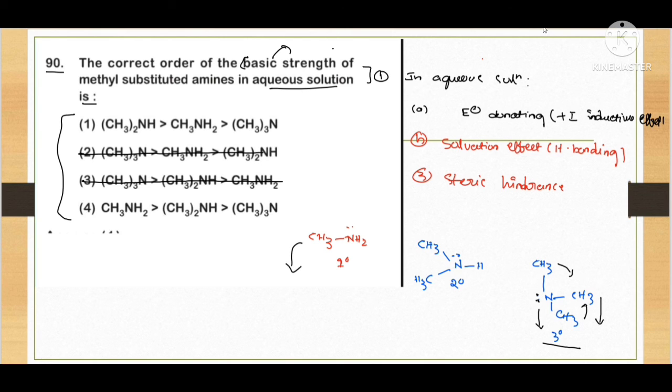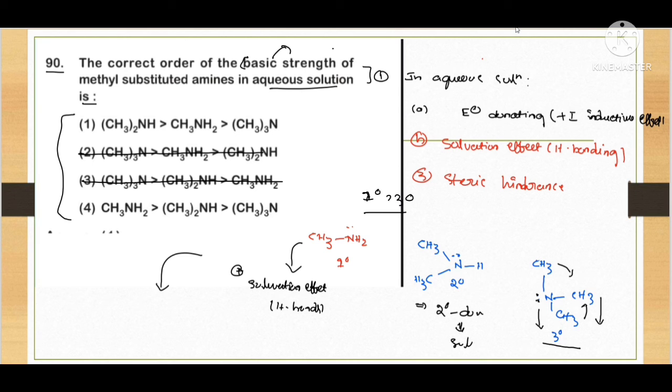Due to the presence of steric hindrance, the tertiary amine's donating of lone pair of electrons decreases. But in primary amines, after donating its lone pair to others, the positive charge is neutralized by the solvation effect, that is hydrogen bonding. So the donating ability of primary is greater than tertiary. When you compare the primary and the secondary, the secondary has higher donating ability. Why?